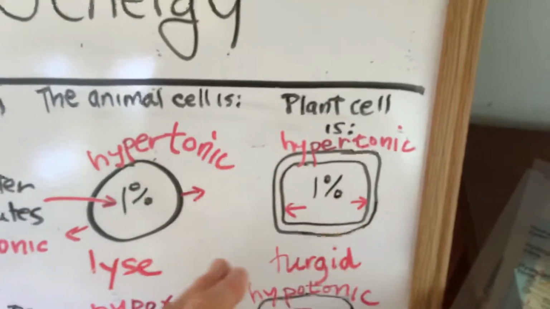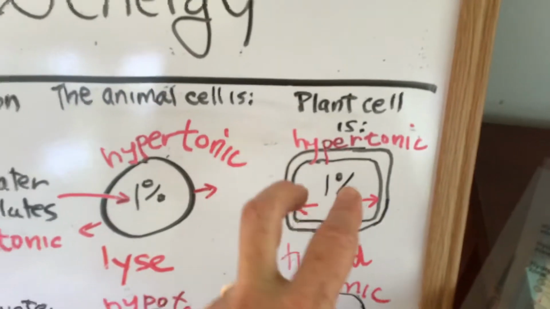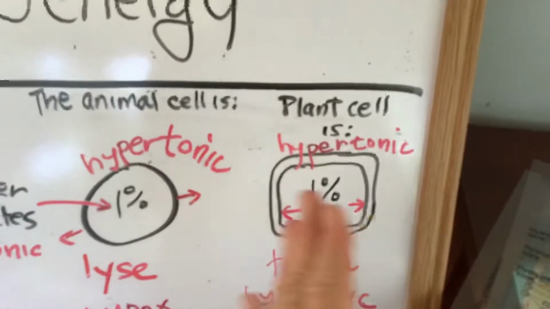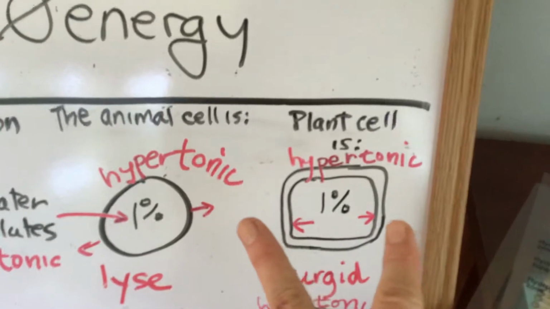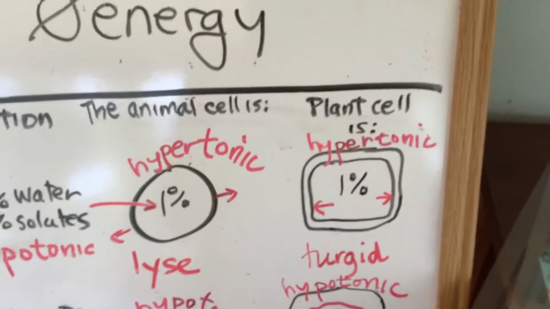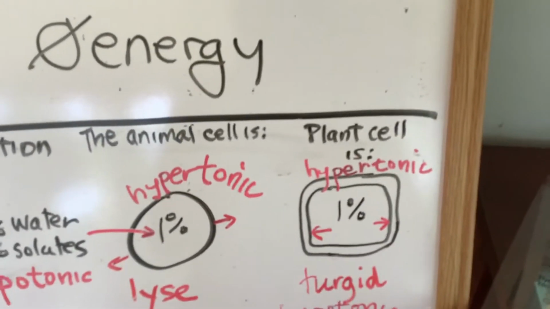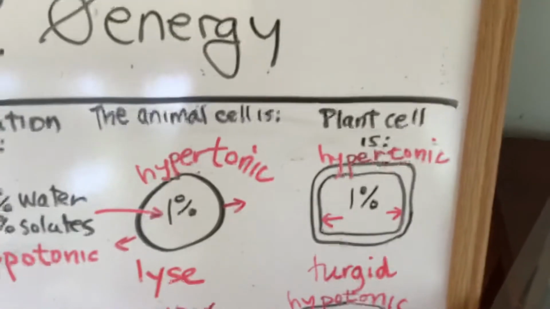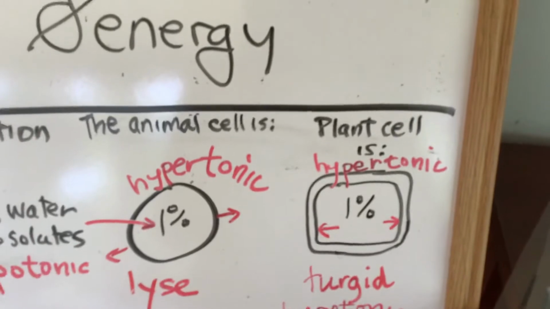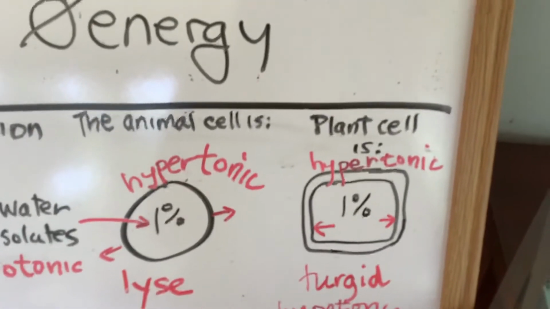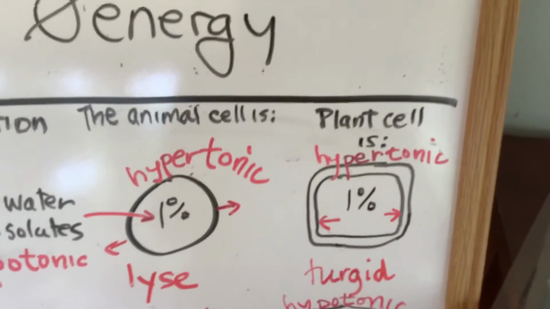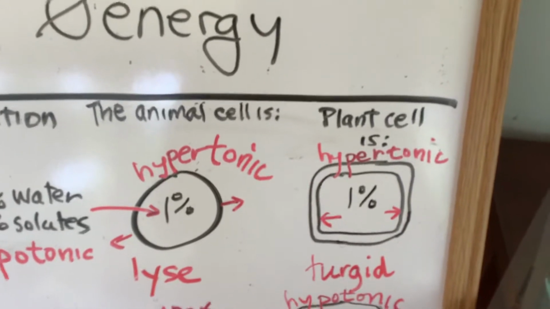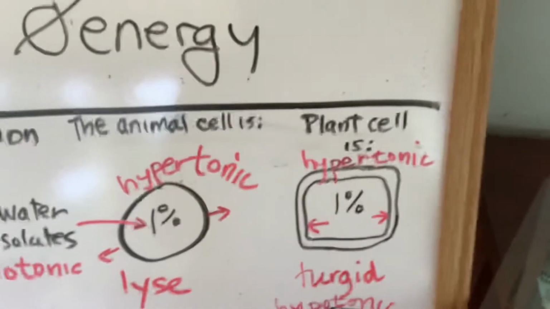And so what will happen is water will move into it until the pressure from the cell wall pushes it back. This is kind of like if you were blowing up an inner tube. You're going to get to a point where you can't blow any more air in. And at that point, the inner tube is pushing back on your effort to blow in. And that makes it so that it's completely filled.